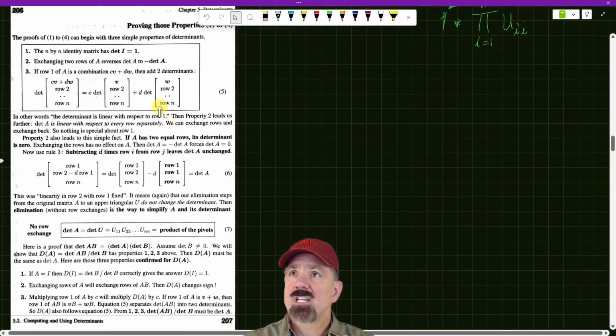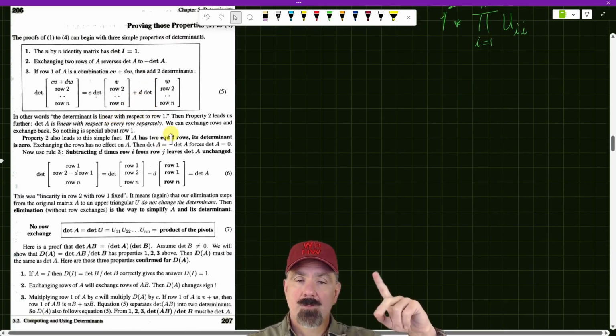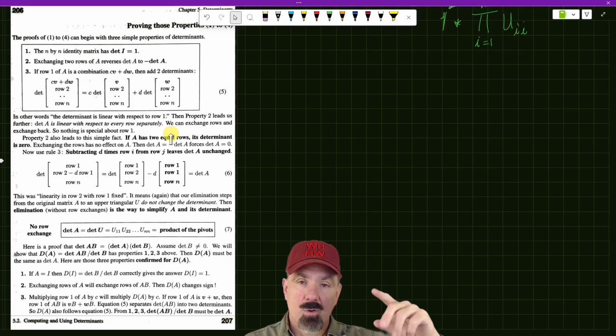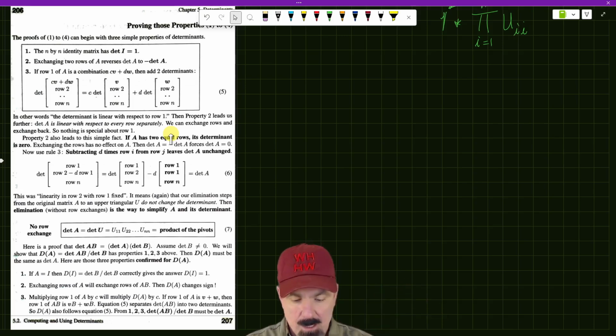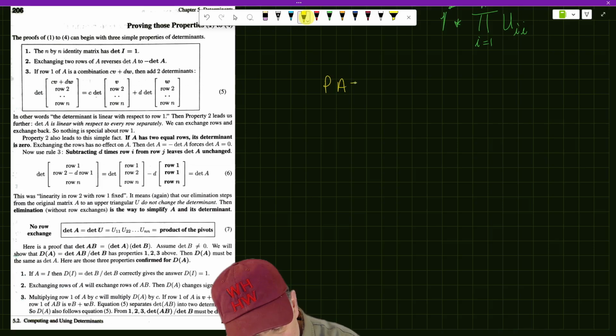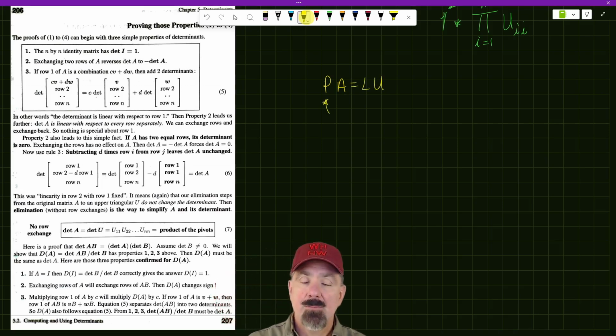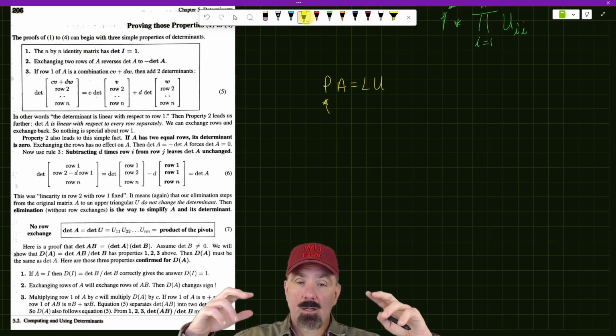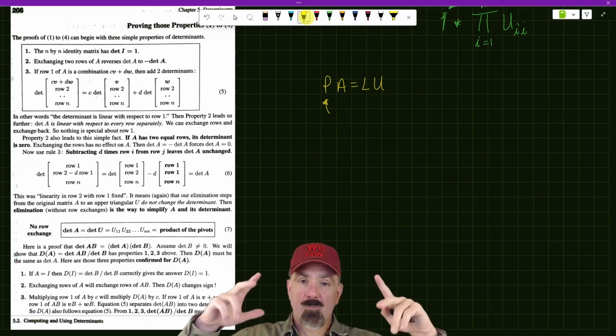So some more conversation here on page 206, talking about the row swaps and the fact that every one of those row swaps is going to generate a change in sign. So remember, we don't often have A equals LU. We oftentimes have PA equals LU, where the P matrix is permutation, or is a combination of permutation matrices.